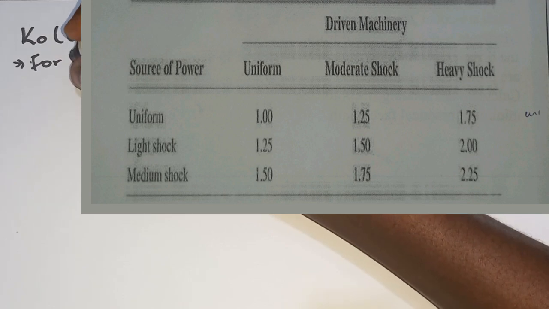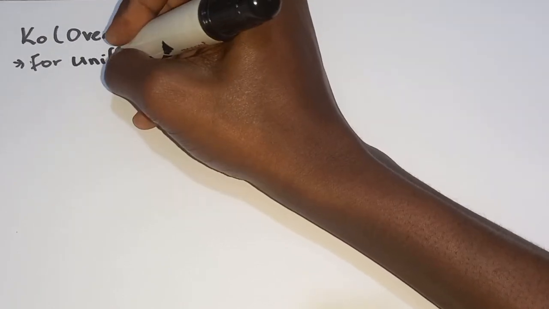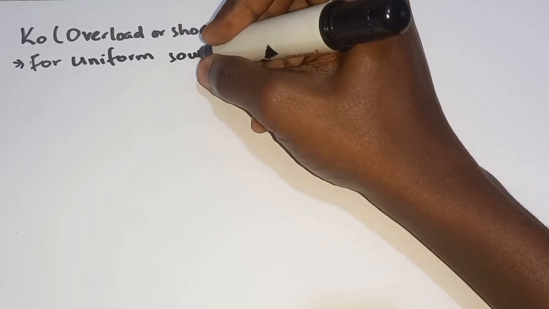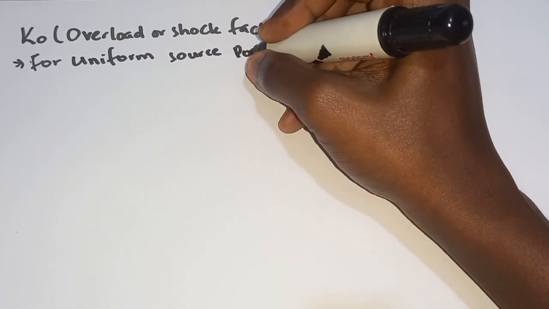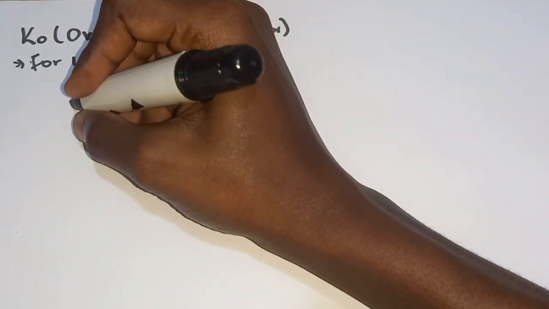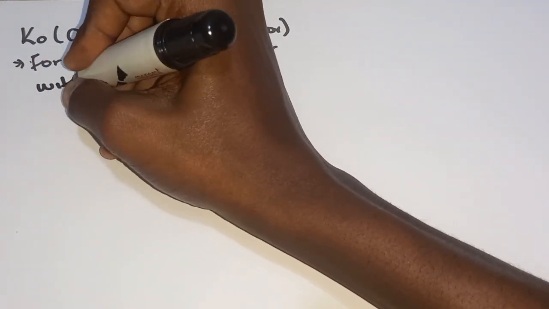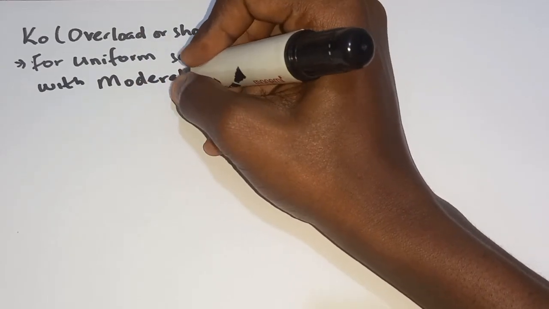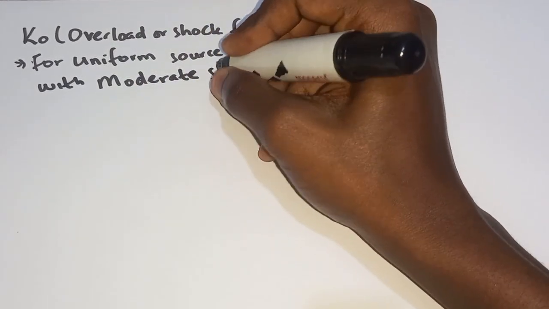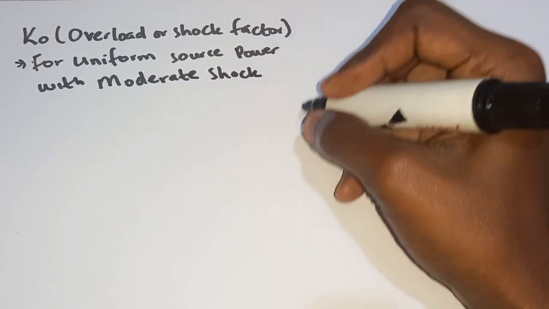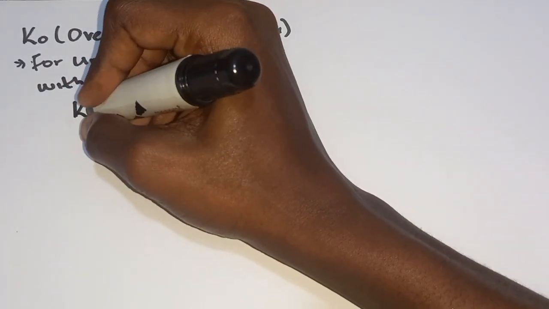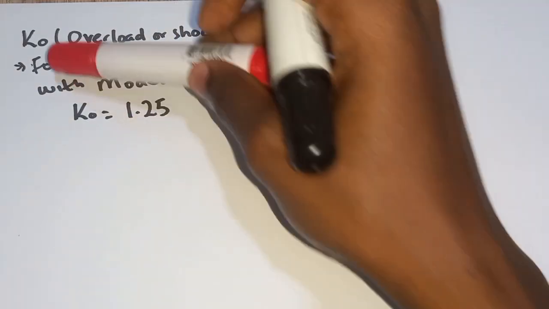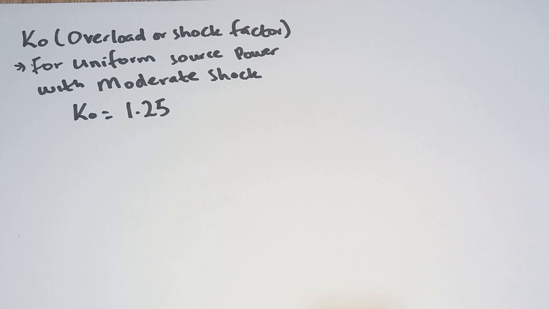So we write for a uniform source power, with moderate shock, the KO is equal to 1.25. So all this forms part of the designing process.